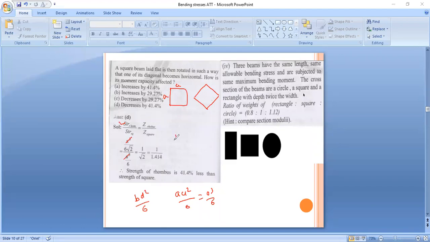What is remaining? 1 divided by 6 root 2, into 6 divided by 1. The 6 and 6 get cancelled. So what is remaining? 1 by square root 2, which is equal to 1 divided by 1.414, which is 41.4%. So our option A is correct.